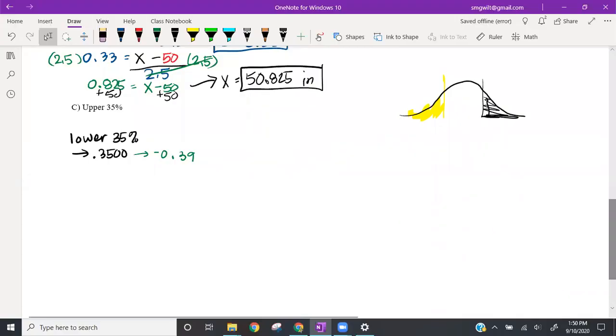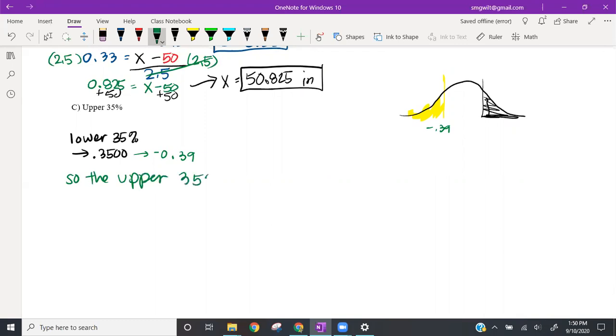So if that z-score is negative 0.39, based on symmetry, that would mean that the upper 35% would have a z-score of the opposite sign, so of 0.39 positive. Okay, so the z-score for the upper 35% is 0.39.